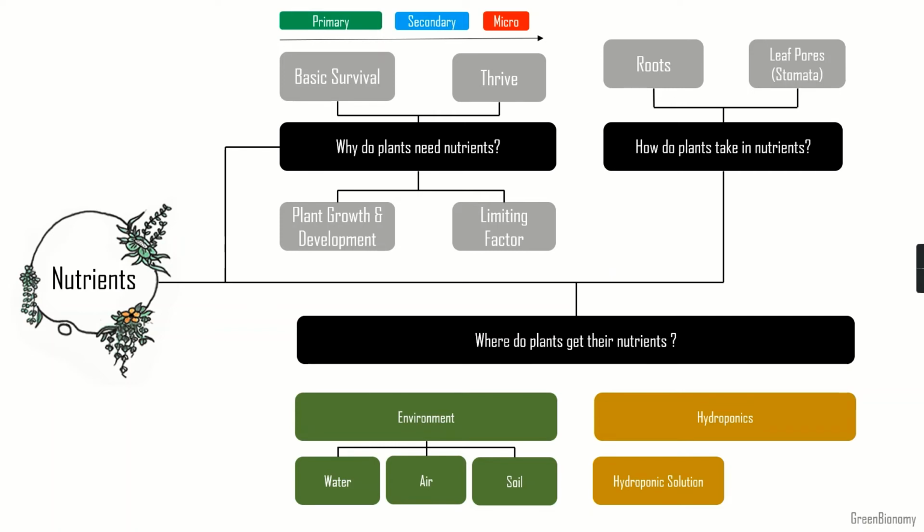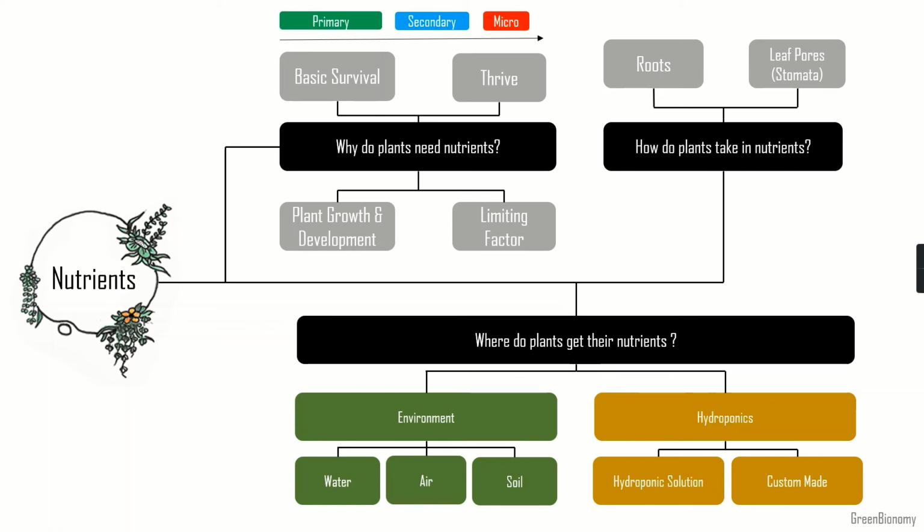Now the water and air will still be present, so the non-mineral nutrients will still be around in the environment, the hydrogen through the water and the oxygen and carbon through the air. In hydroponics, you can also make your custom-made solution by mixing different elements yourself to provide the nutrients to the plant.